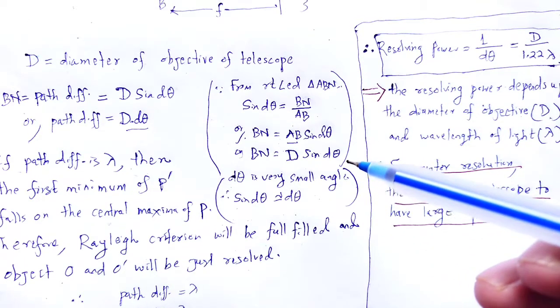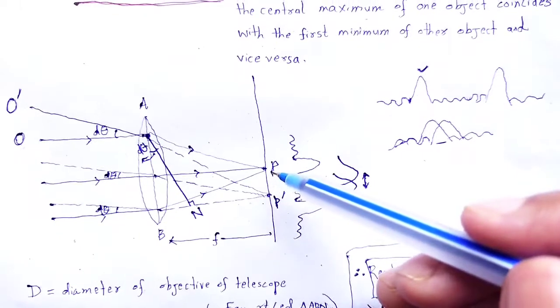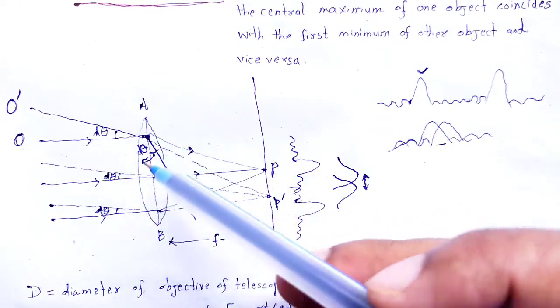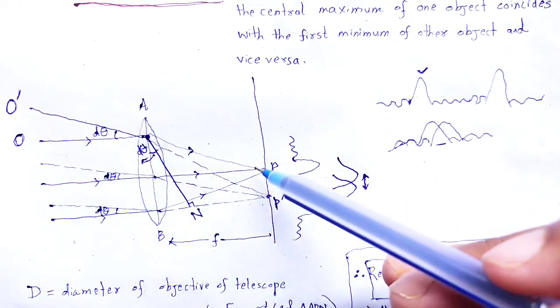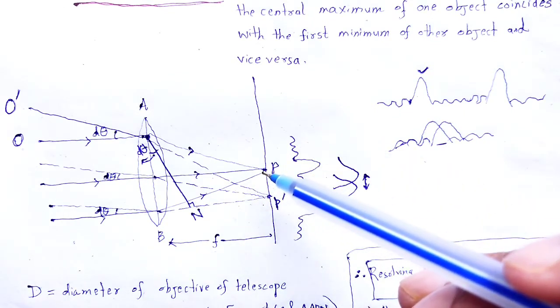Since the aperture is a circular aperture, the diffraction pattern is just like circular rings.